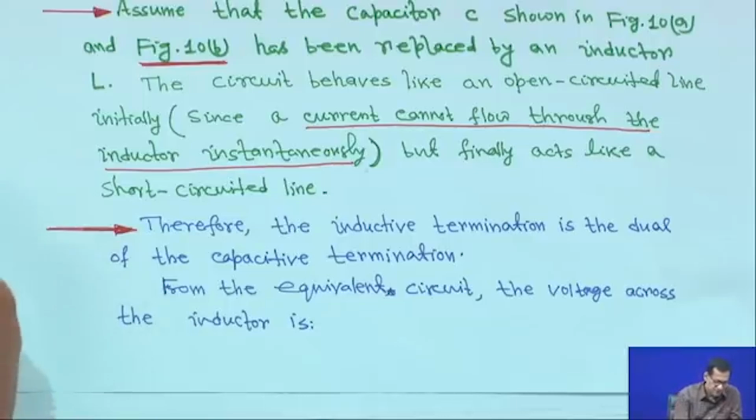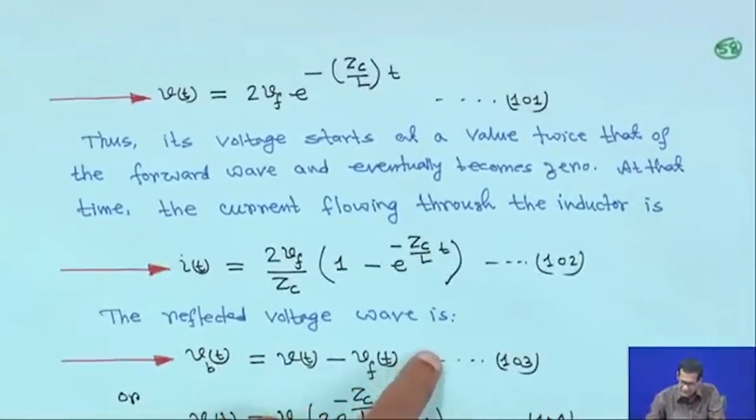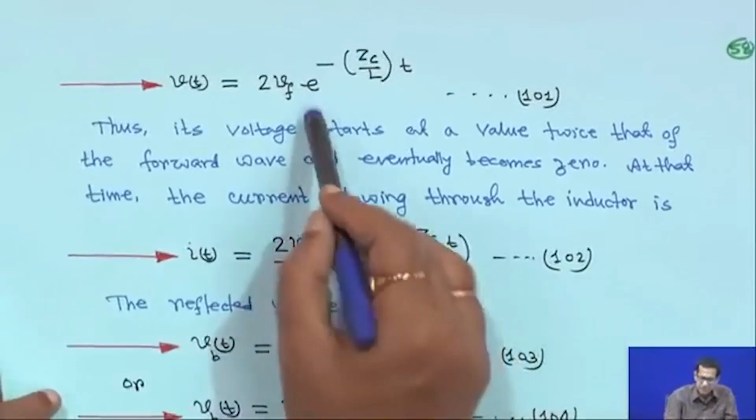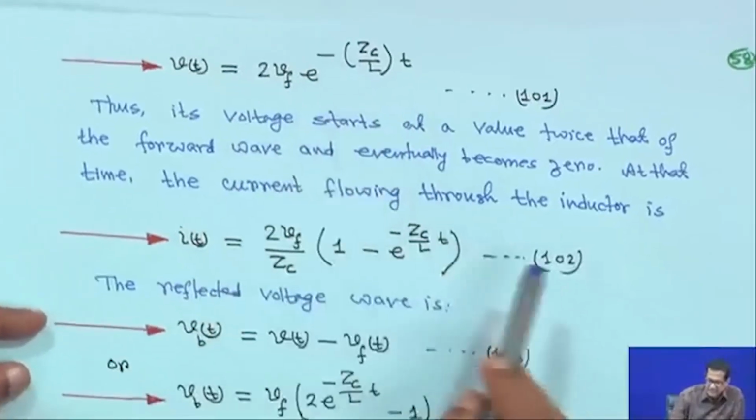So, we can write that V(t) is equal to 2 V_f into e to the power minus Z_c upon L t, this is V(t).